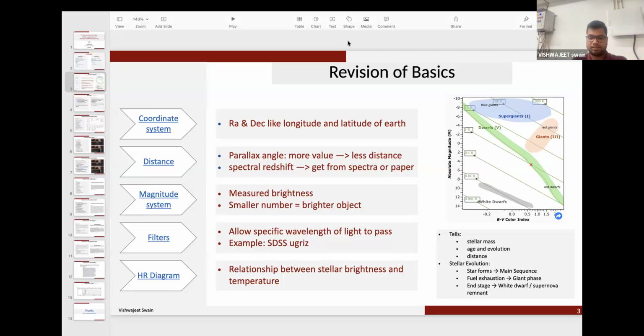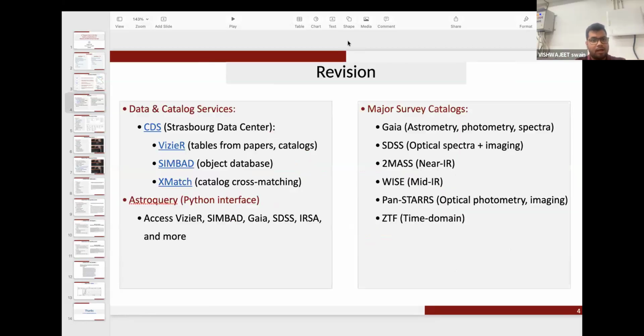This type of plot helps us to study the star formation region, how stars evolve with time, and how they differ according to their masses. So the HR diagram can give us the mass, and according to that we can also say how a particular star, for example the Sun, ends up at the end of its life.